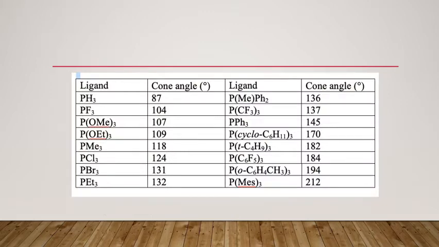The table here is the list of phosphine ligands with different cone angles, and obviously the last phosphine compound here has the largest cone angle. Therefore, the dissociation process is faster compared to the PH3 here.